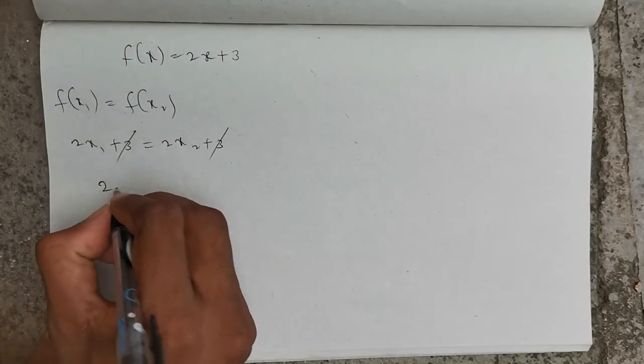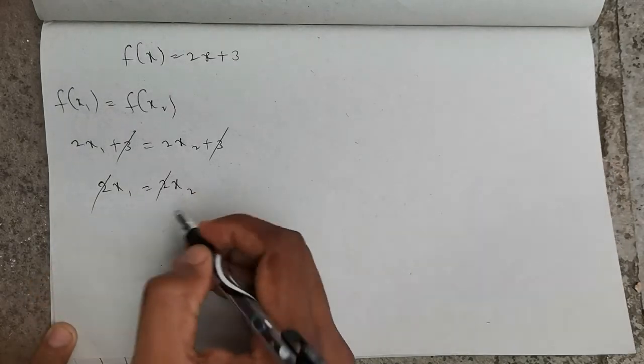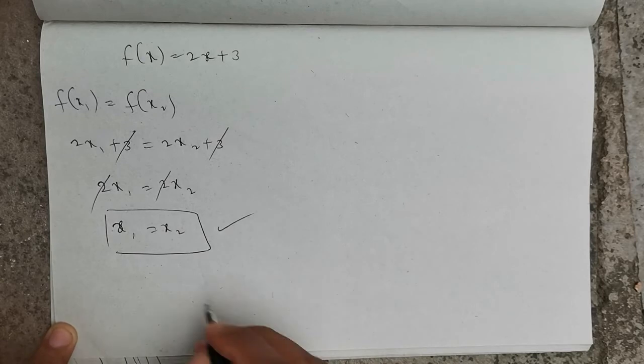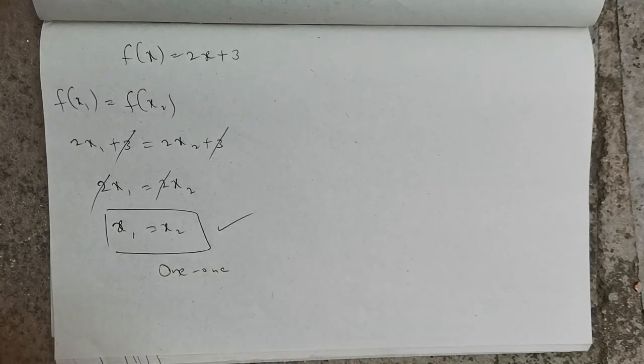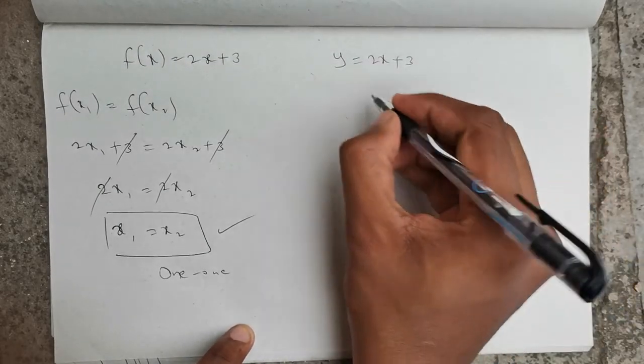Plus 3 cancels, so we remain with 2x1 = 2x2. 2 cancels, so we remain with x1 = x2. Yes, it is one-one.